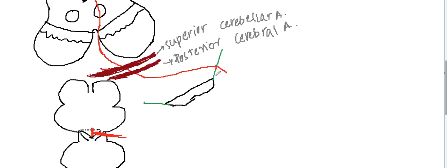In the middle cranial fossa, it pierces the dura mater in the oculomotor triangle. So let me just name it. So this is the tentorium cerebelli. It has pierced the tentorium cerebelli and now it has entered the middle cranial fossa.